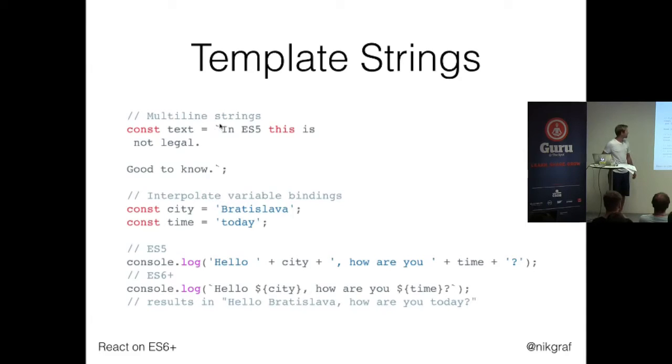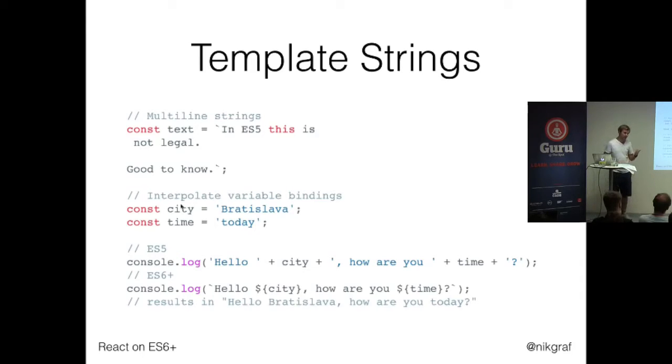In ECMA 6 you can use the backtick, and this allows you to do multi-line strings. So you can start a string and you can simply press enter, and then you have a space here, for example, and you can go on and go on, and eventually this string will have these newline characters in, because you started it with a backtick. So if there's a newline character in the code, then it will take it as a newline. Yay!